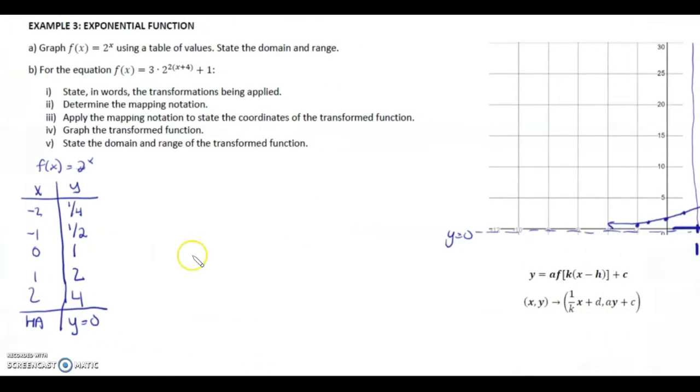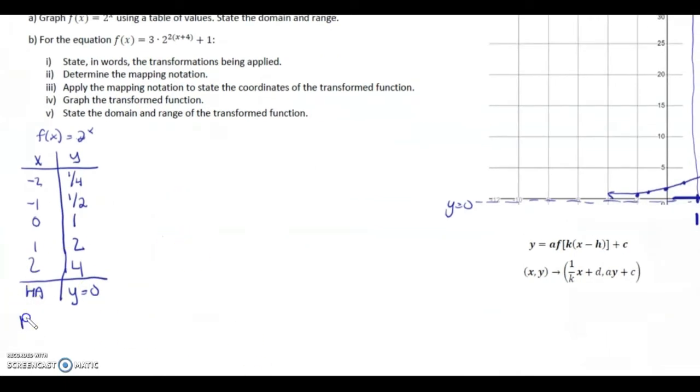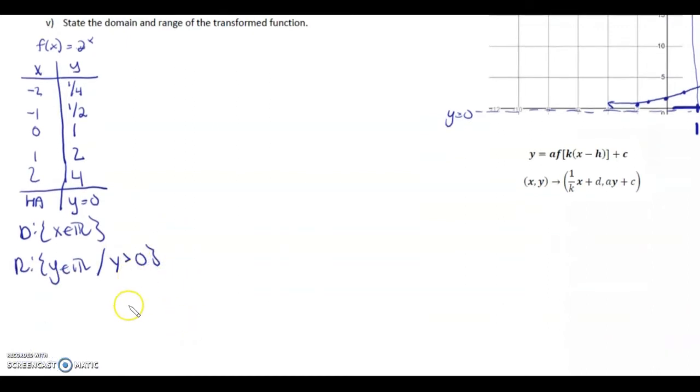All right. Now, let's talk about domain and range. Domain is going to be x in R. That's for every single exponential function. And the range is going to be y in R such that y is strictly greater than 0. So where do we get these numbers from?